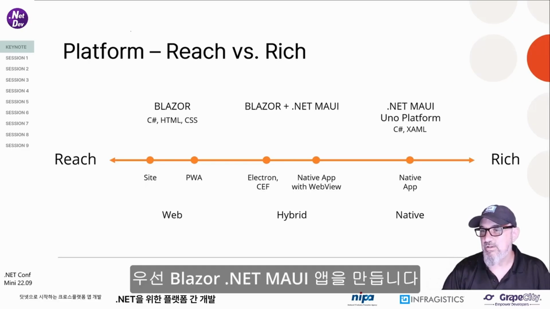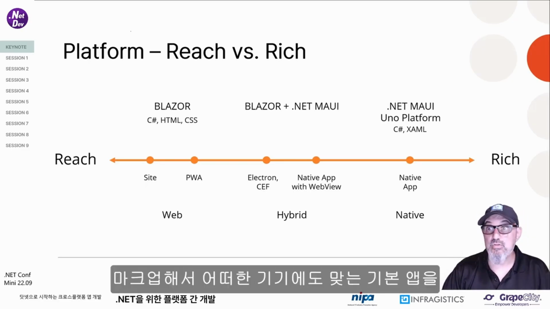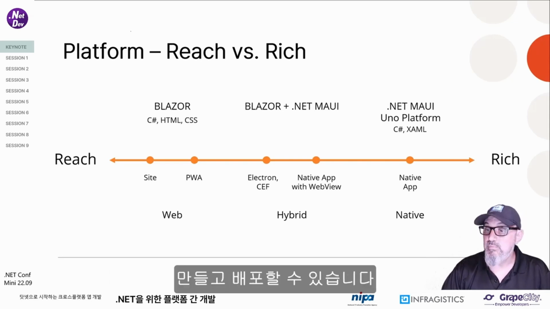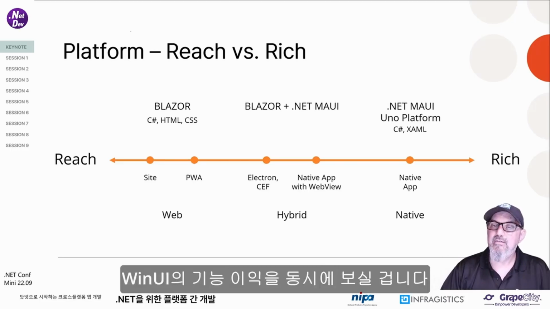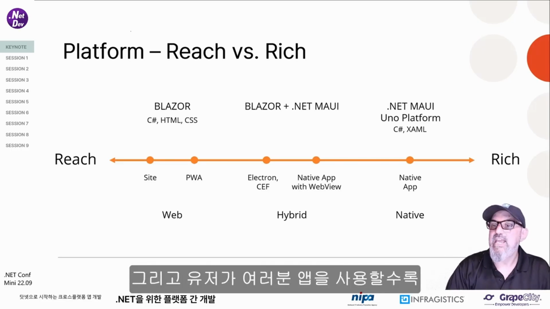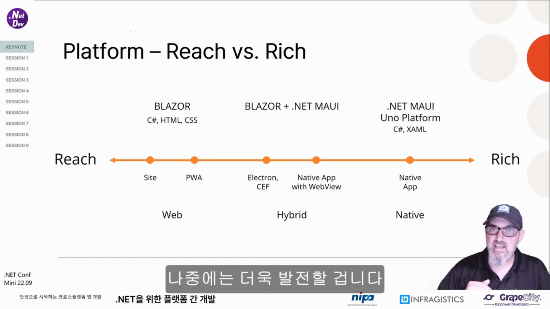You do a Blazor .NET MAUI application. What this will allow you to do is use all of your existing C# skills with markup to build and deploy a native application on any device. And you'll get the benefit of .NET MAUI and WinUI features as they grow, taking advantage of those with your application. So right now you'll get a great experience, and the future only promises to get better.